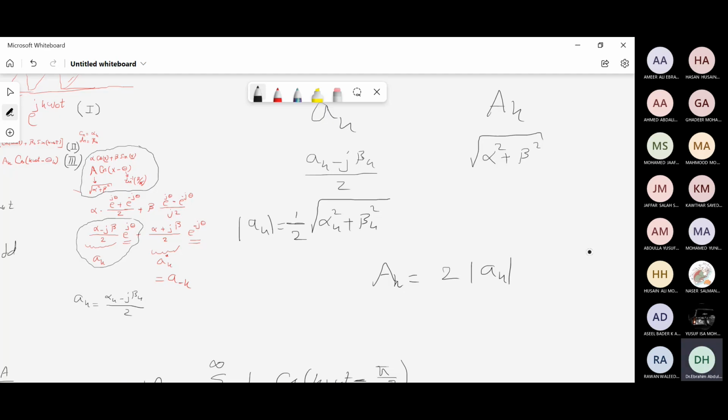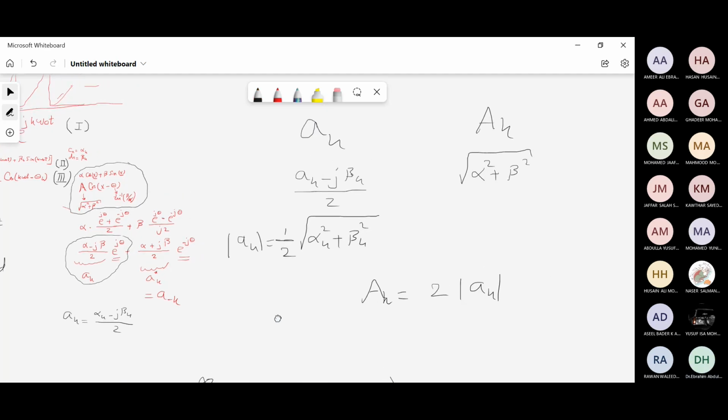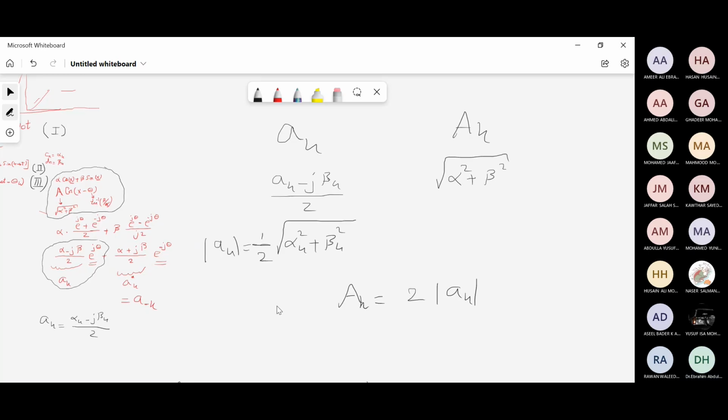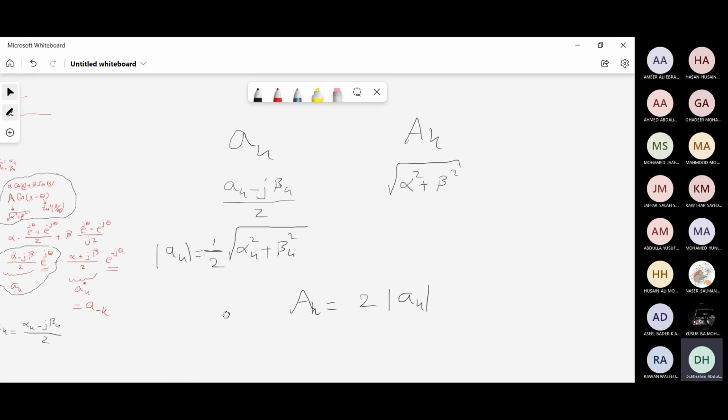Okay, what about the angle, which is theta? So here we have theta k equal to tan inverse beta divided by alpha. Okay, what about the angle of a_k?